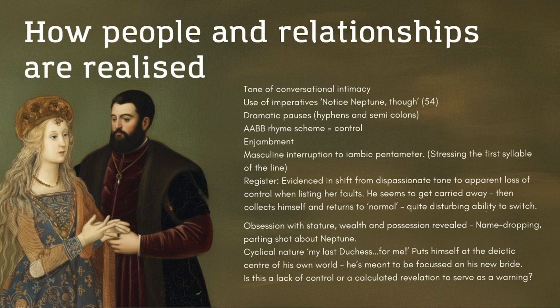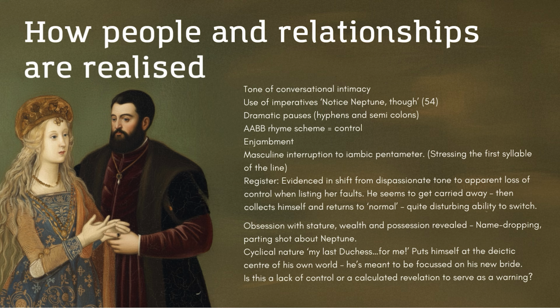It's evidenced in a shift from the dispassionate tone he has at the beginning to this apparent lack of control when he's listing the Duchess's faults. He seems to get carried away and lose a bit of control and then collects himself and returns to normal. It's quite disturbing, actually, this ability to switch between psychotic and normal.